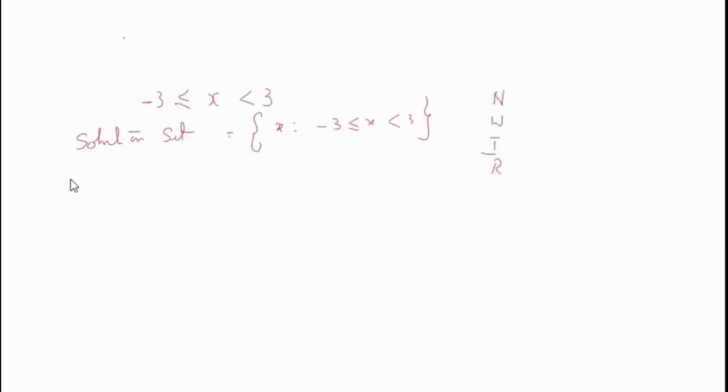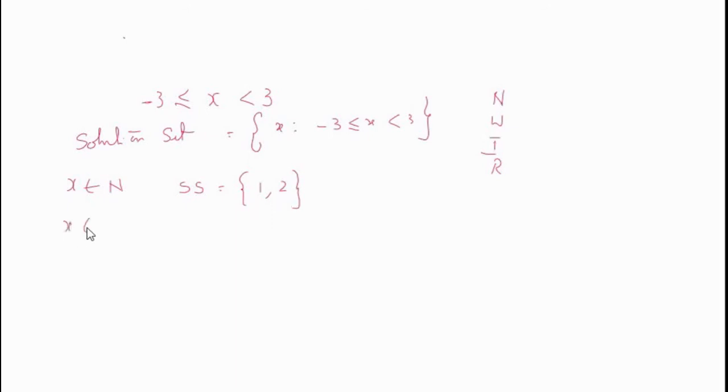Let us see. If x belongs to natural numbers N, then the solution set is just the numbers 1 and 2. So x is between minus 3 and 3, 3 is not included. So the natural numbers are just 1 and 2.